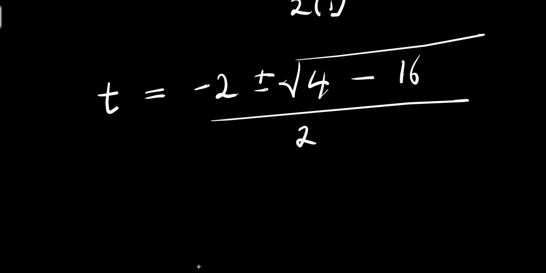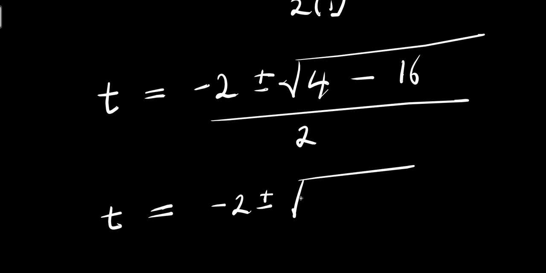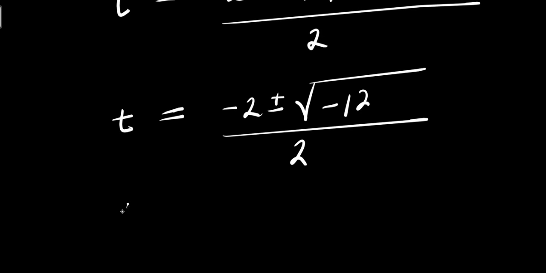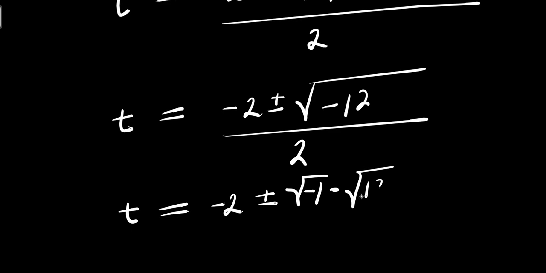So from here I have t equals negative 2 plus or minus square root of negative 12, divided by 2. From here I have t equals negative 2 plus or minus, there is a minus here, square root of negative 1 times square root of 12, divided by 2.